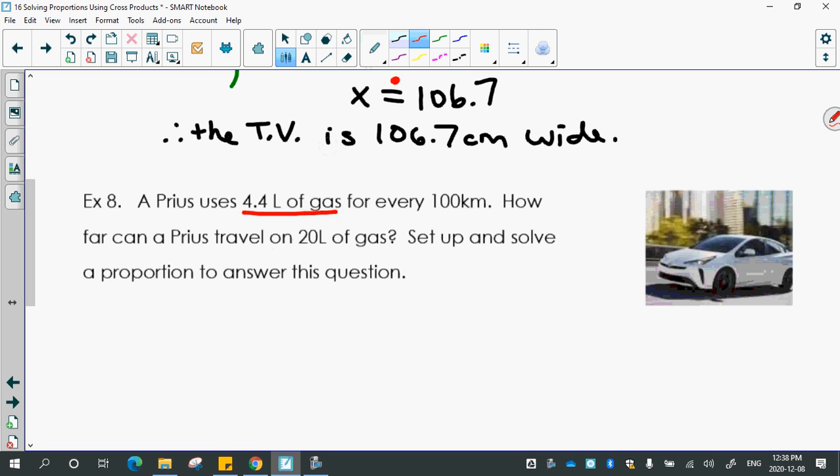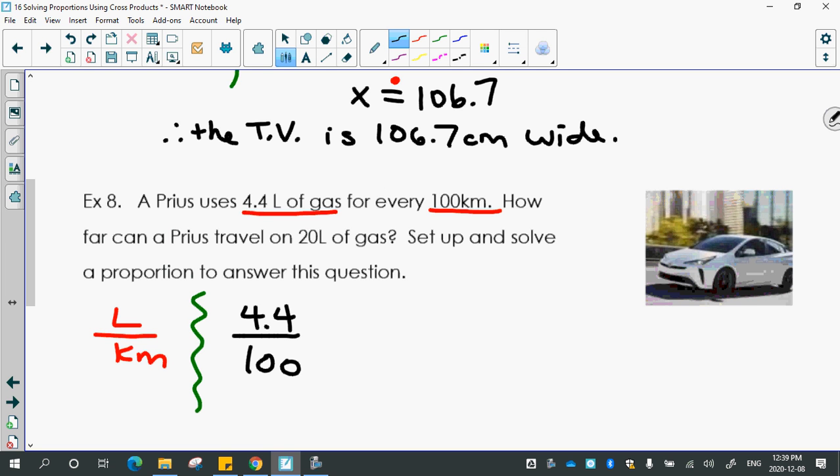Liters of gas and kilometers. Did everyone see that right in the first statement there? We're comparing liters of gas and kilometers. So I might write liters over kilometers and then separate that out. Now what do they tell me? What liters go with what kilometers? 4.4 liters goes with 100 kilometers.